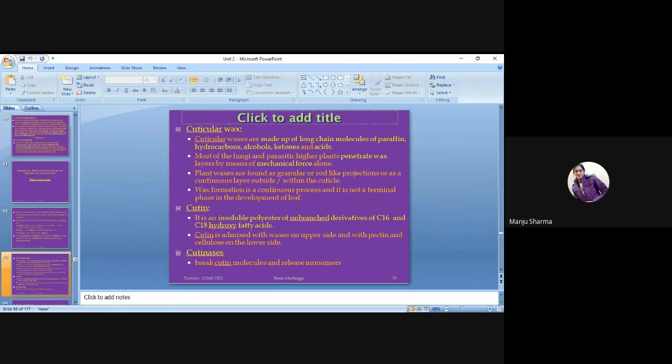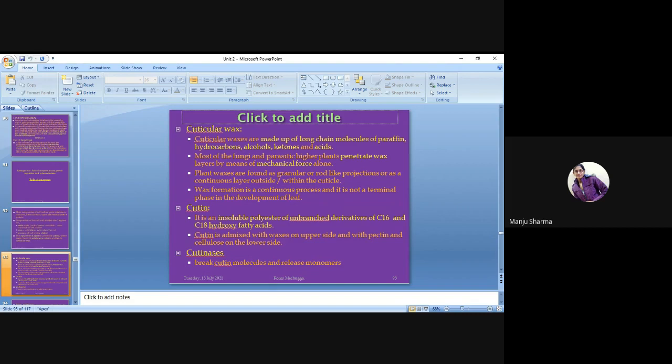Cutin is admixed with waxes on the upper side and with pectin and cellulose on the lower side. Then cutinase breaks cutin molecules and releases the monomers. So the enzyme which lyses cutin is cutinase.